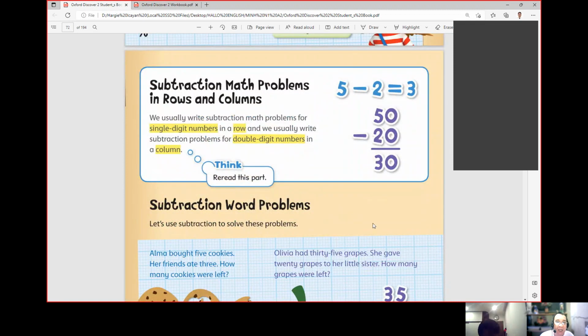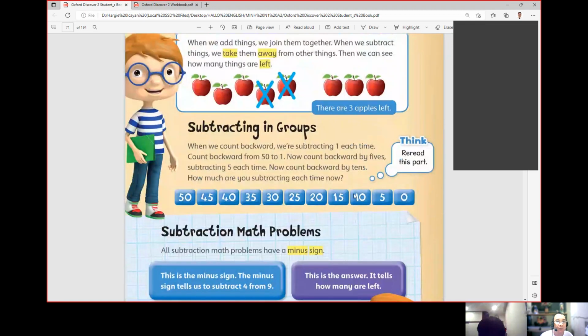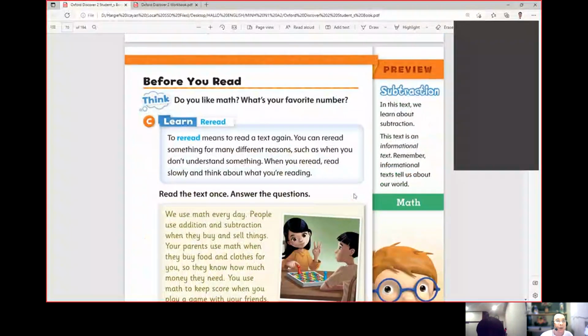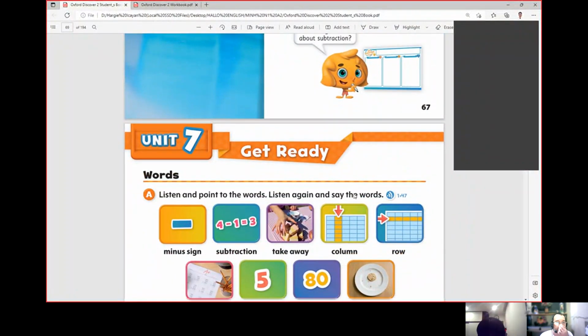Now, when we say subtraction, what does it mean? So what are the terms that we should understand when talking about subtraction? Do you still remember the terminologies that we used?